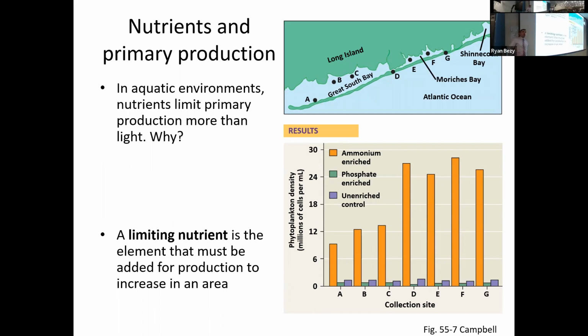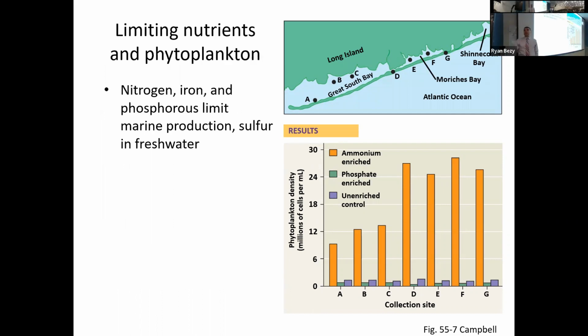If there's not enough of a particular nutrient in an ecosystem, it limits the primary production. For instance, nitrogen, iron, and phosphorus often limit marine production, whereas sulfur tends to be limiting in freshwater. Okay, so not enough of those nutrients.